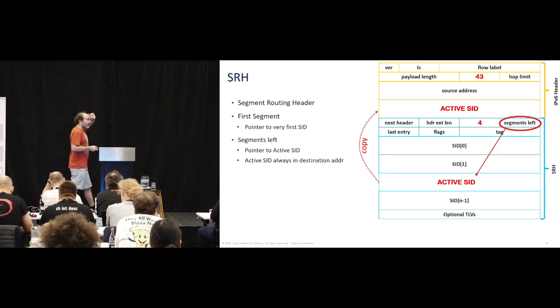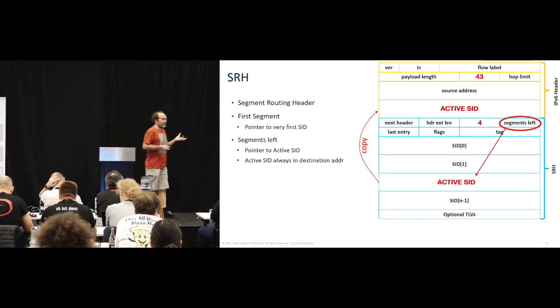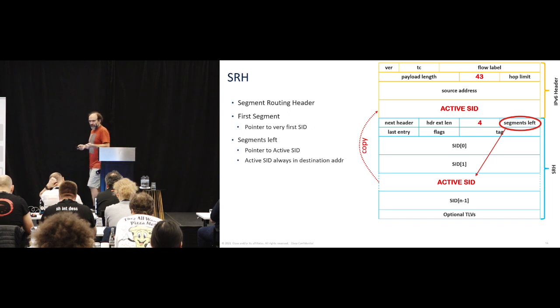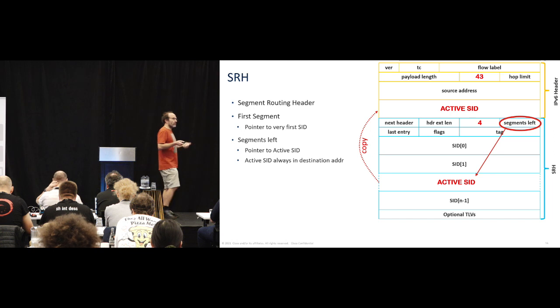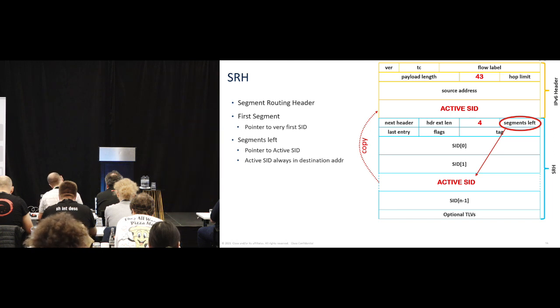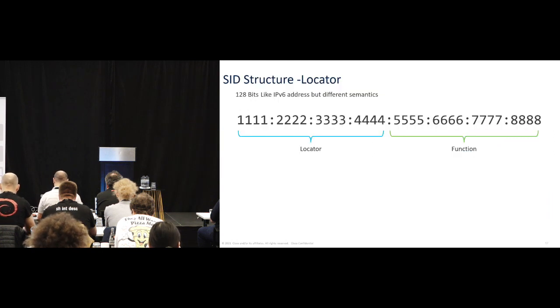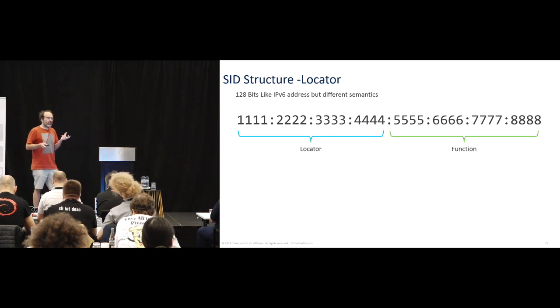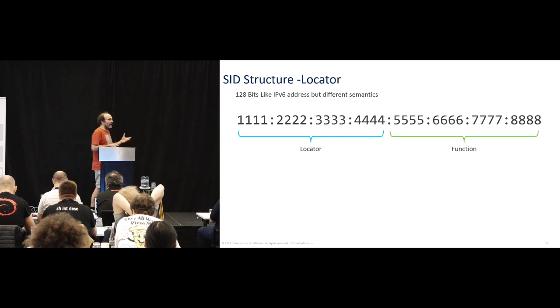That's the active SID, which is why I would rather call it that. And in segment routing, we use this in a big way. So SRv6 introduced a new routing header type, the segment routing header, SRH, and we use that for forwarding. Again, we will have more details on that. The SID, segment ID, has a certain structure. It's not an IP address.